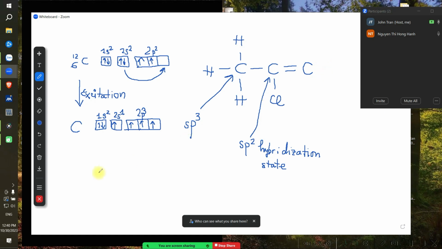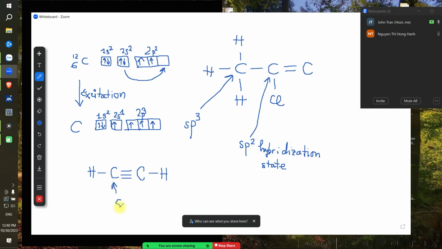Alright, so in the case that you have something like, for example, when you have a triple bond, for example acetylene, C2H2. So this one carbon only forms 2 bonds to the other 2 surrounding it.